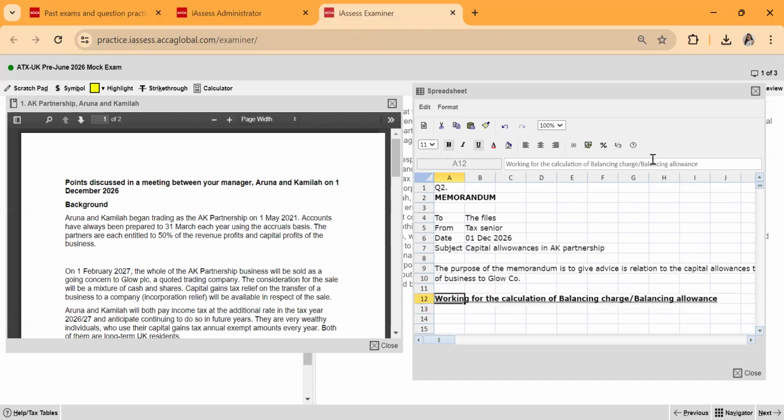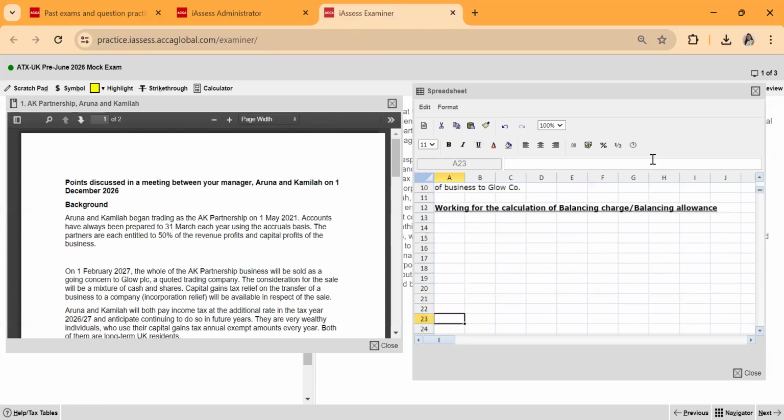Just prepare the WDV format that we do normally for a main pool. So we will have TWDV brought forward. If there are any additions, we will just add them, with no allowances given. So add additions in the year.